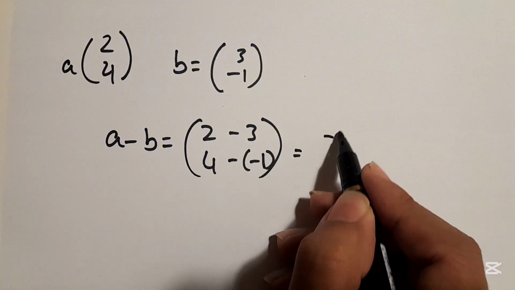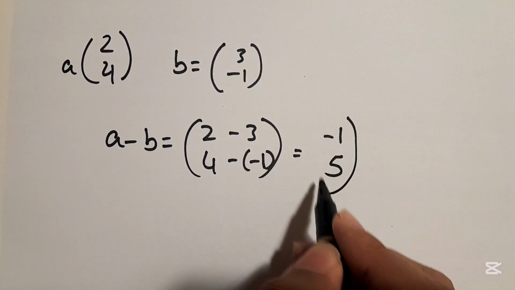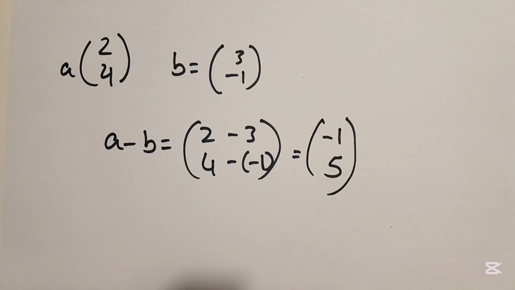So 2 minus 3 is minus 1 and 4 minus minus 1 will be 5. So the new vector will be (-1, 5). So addition and subtraction are just like working with regular numbers, and this is how you can solve the addition and subtraction of vectors. Let's go ahead with the next question.